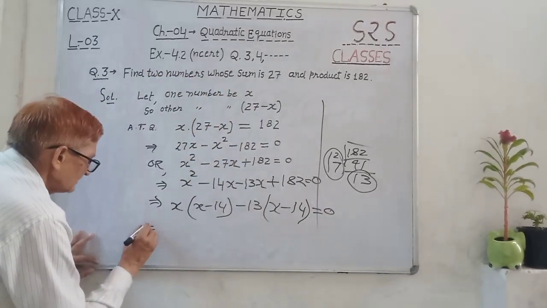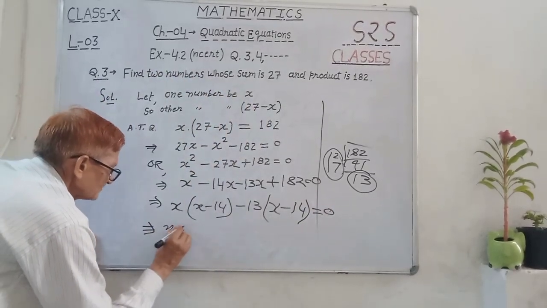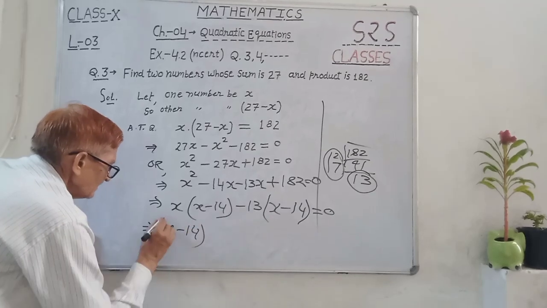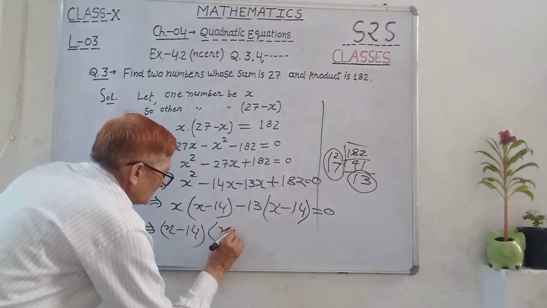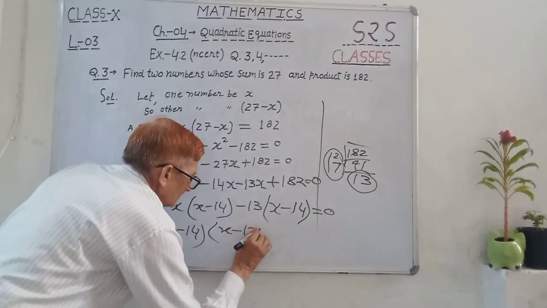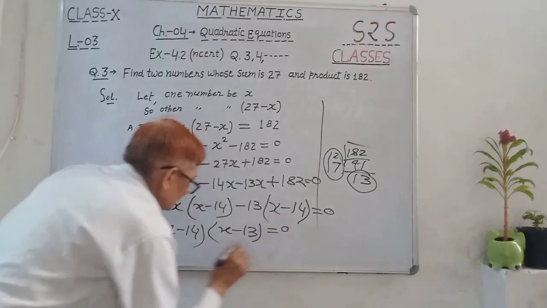Then one factor is x minus 14, the other factor is x minus 13, equal to 0.